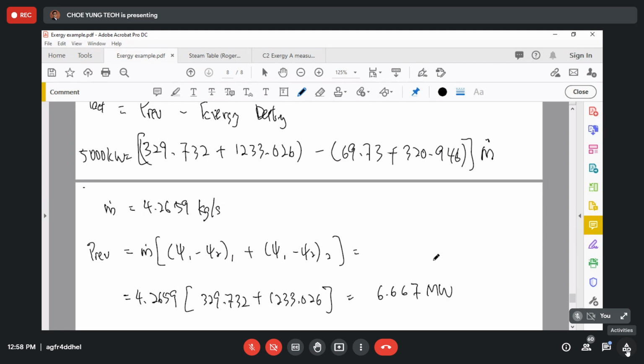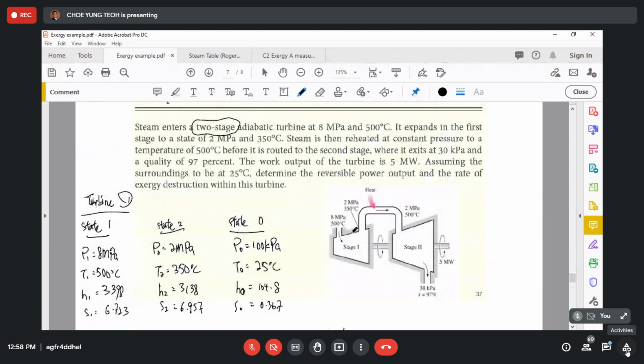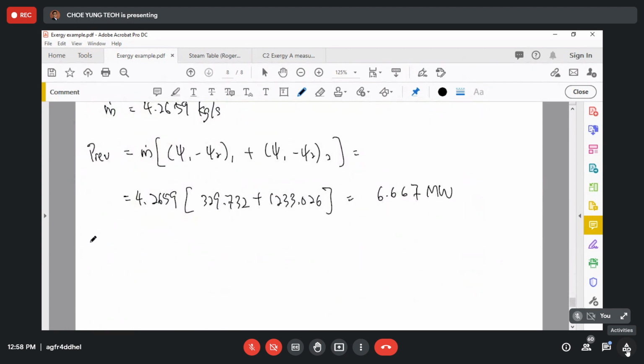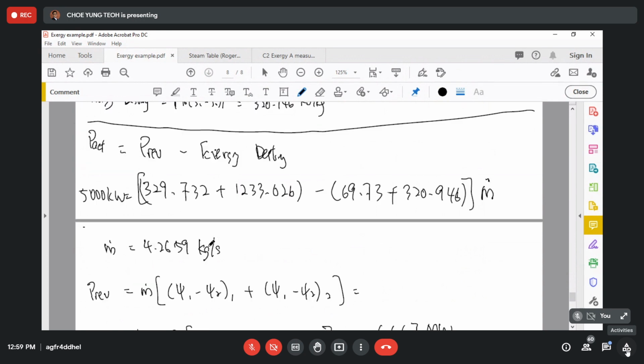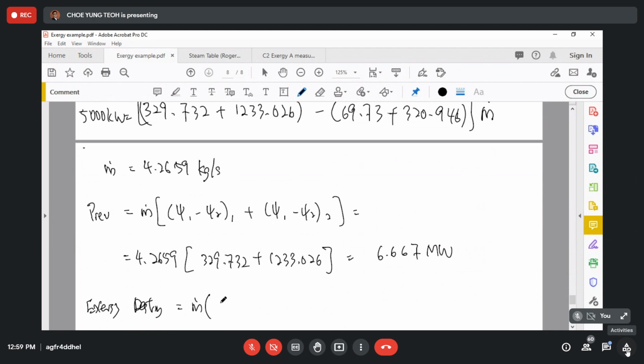We get the reversible power is 6.6667 megawatt. And then the next is the rate of exergy destruction. Same thing, exergy destroyed should be mass flow rate multiplied with the total exergy destroyed for state 1 and state 2.